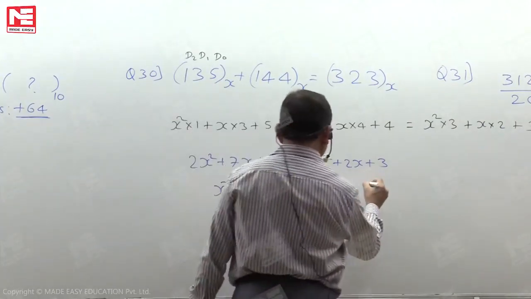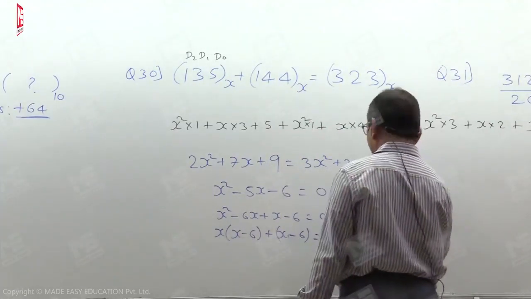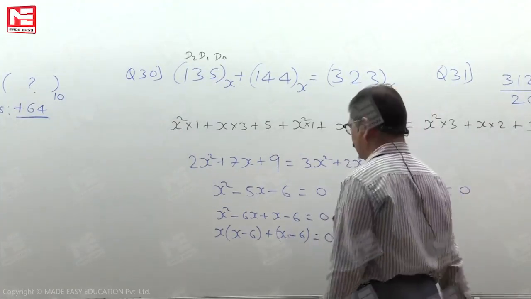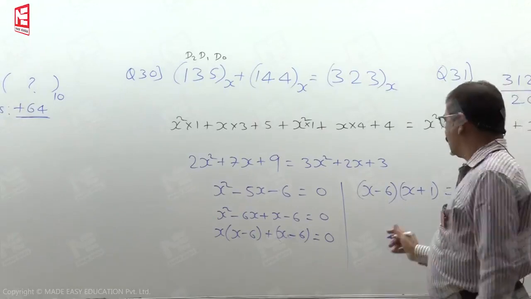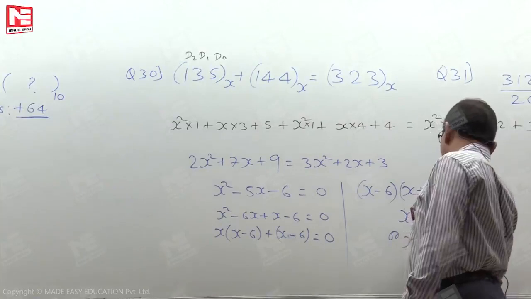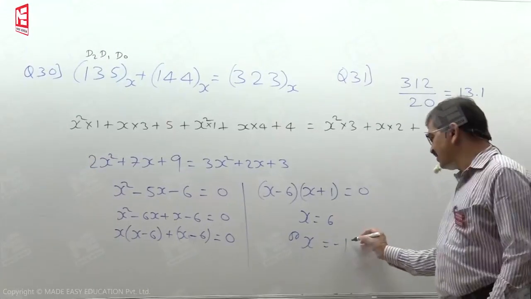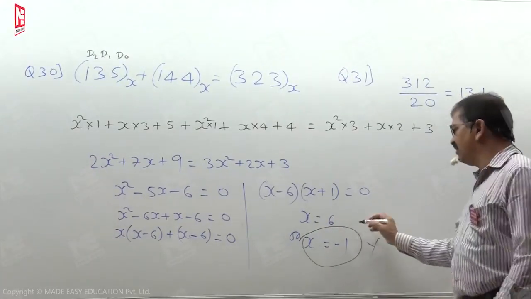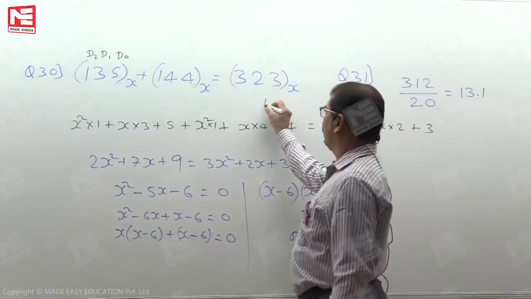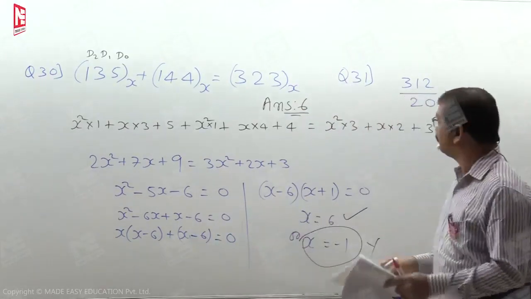So this will be effectively x minus 6 into x plus 1 is equal to 0. So the possibility is x may be 6 or x may be minus 1. But we can't build a number system with negative numbers, because this is not at all possible. The possibility is only this. Hence the answer to this question is 6.